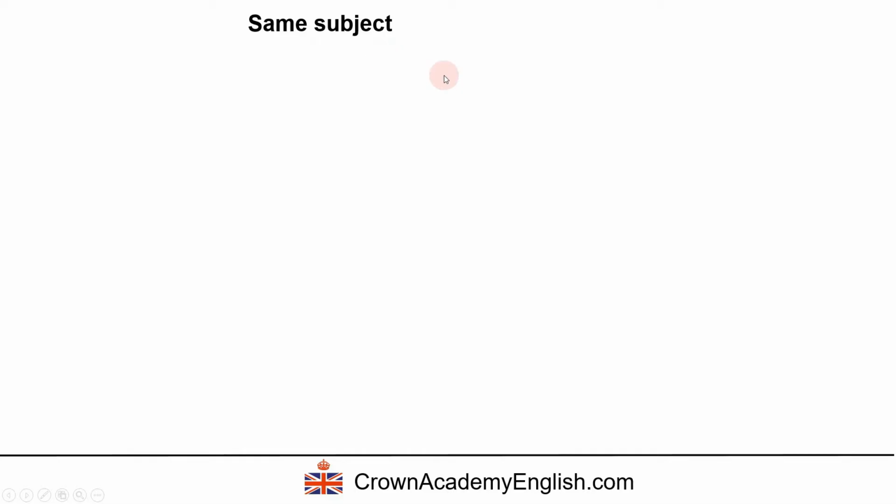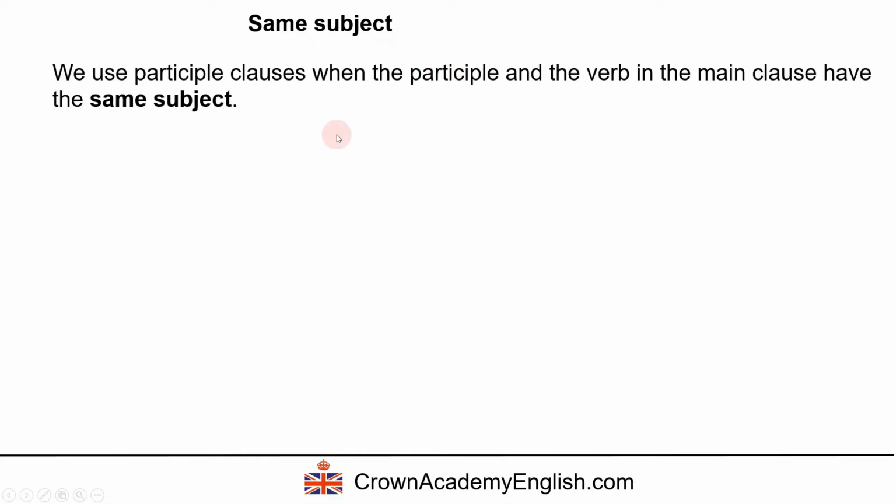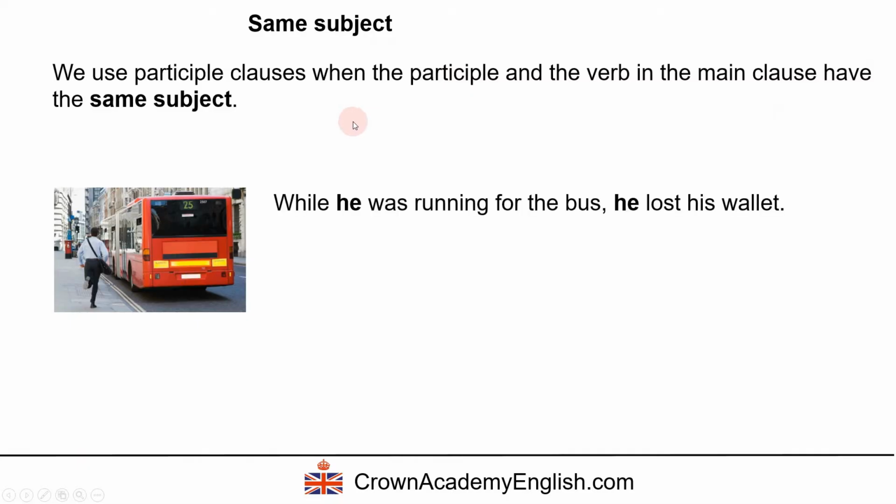The same subject. We use participle clauses when the participle and the verb in the main clause have the same subject. So let me come back to our first example. So here is the example again. This is the full version.